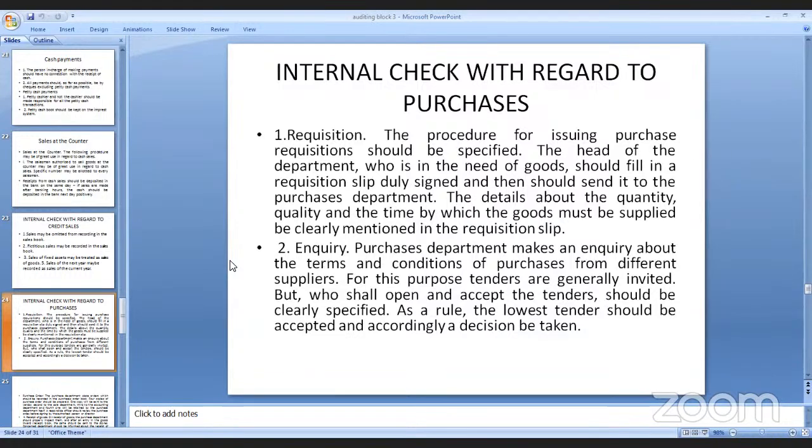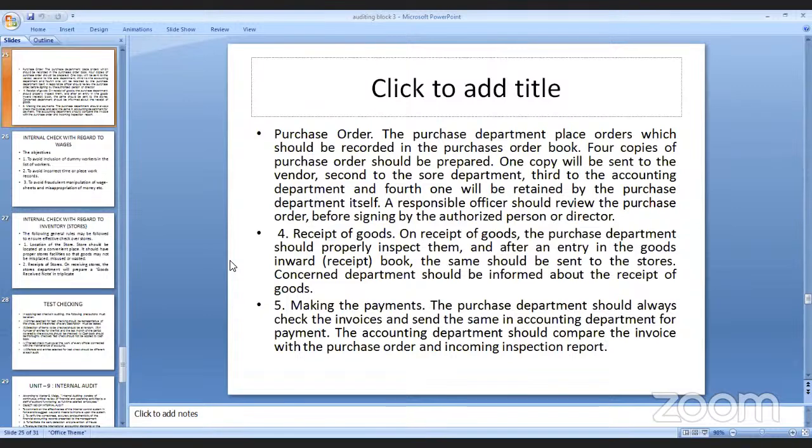They must be very clear about turnover, price and quality in order to take their decisions. Next, purchase order. The purchase department will place an order and it will be recorded in the purchase order book. It is also an important aspect in the internal check of the purchase department.